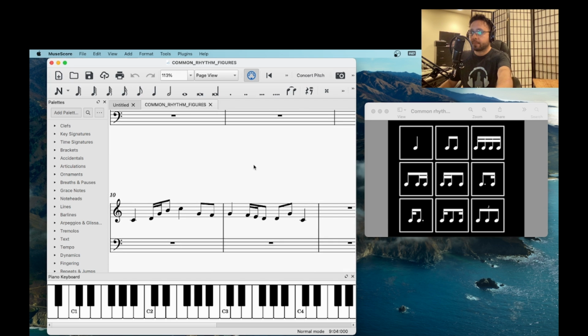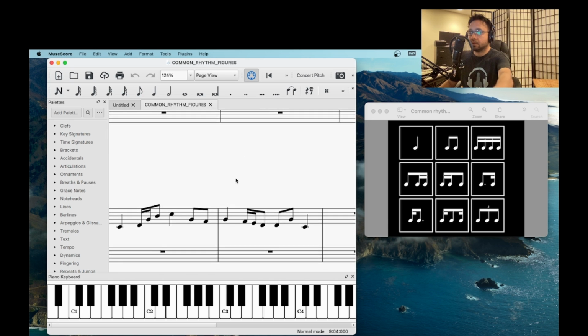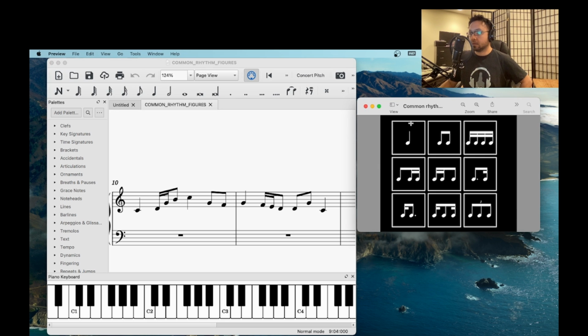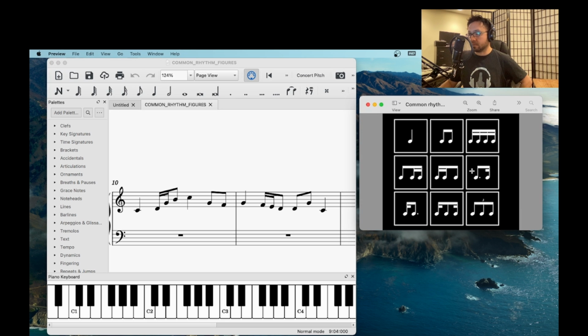So what I have here is just a combination of these little cells, these small figures, but assigning them a pitch, not just rhythm. So I'm thinking of the scale of C major here.